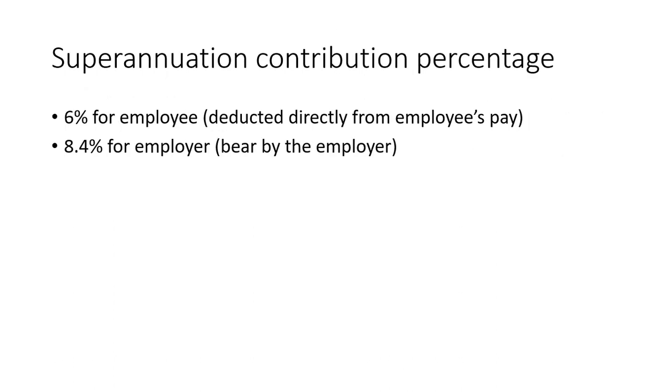Okay, with regards to superannuation, 6% is the minimum contribution by the employee, that is deducted directly from the employee's pay, and then there will be the employer's part, 8.4% of the gross salary.